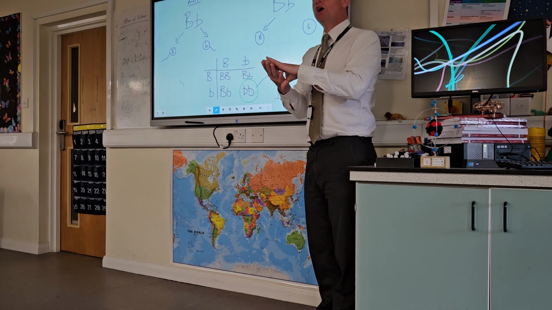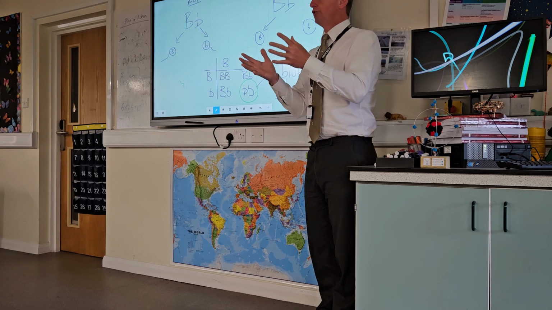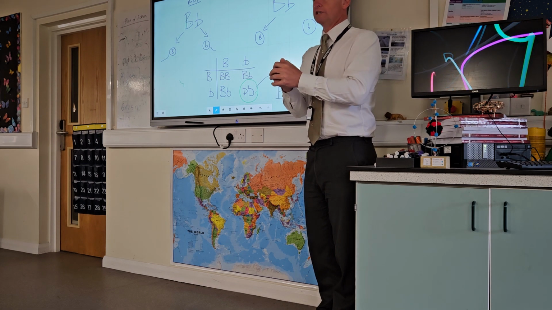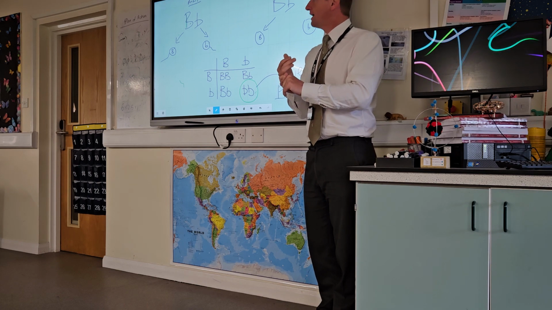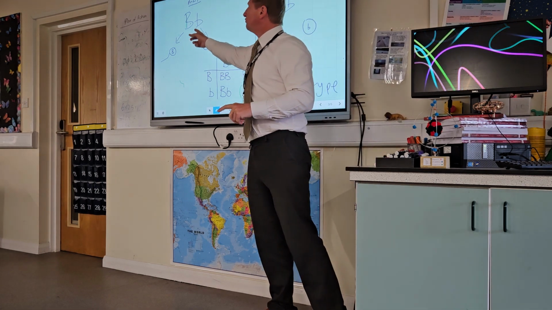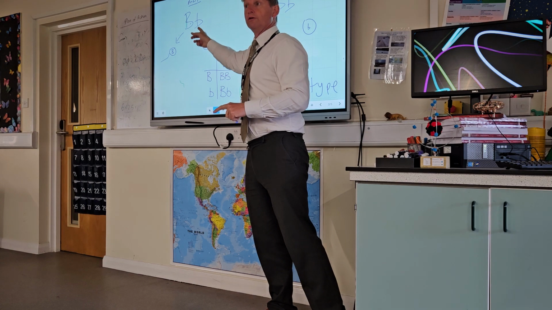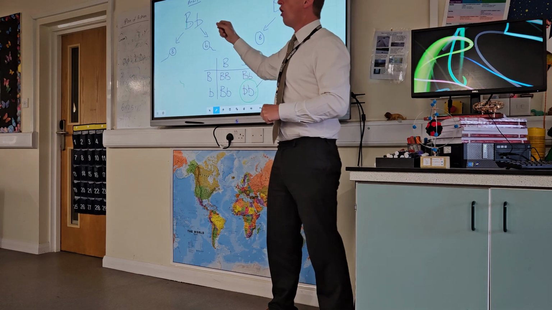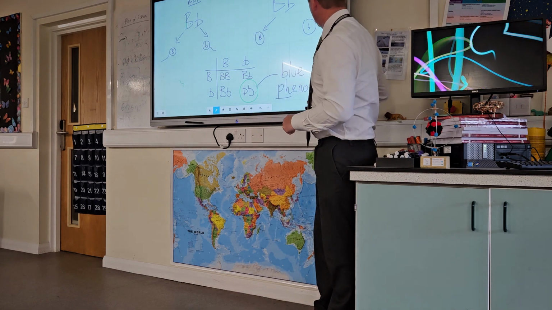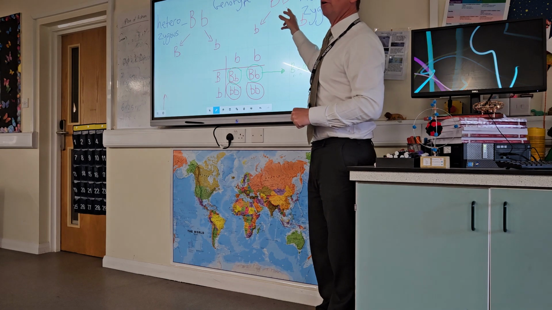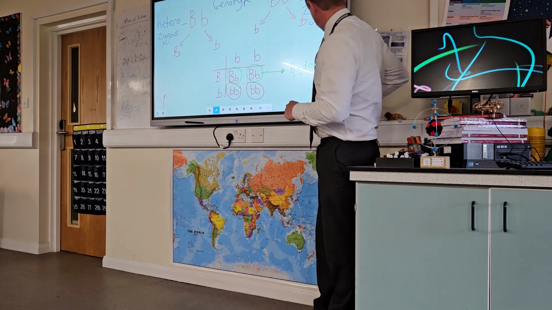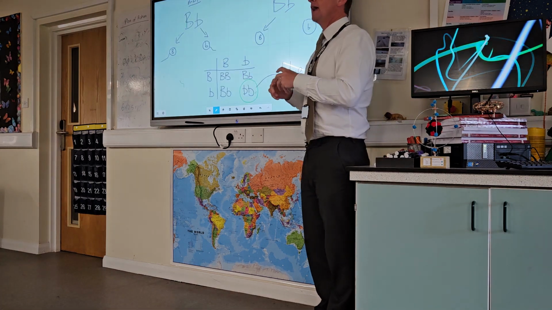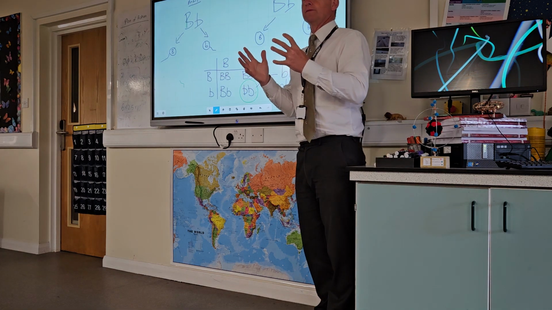Recessive, it's only expressed if both alleles are there, and it won't be expressed if there's a dominant one there. Heterozygous, the two alleles are different, so the letters are different. Homozygous, the two alleles are the same. And phenotype, what you see expressed in the individual.